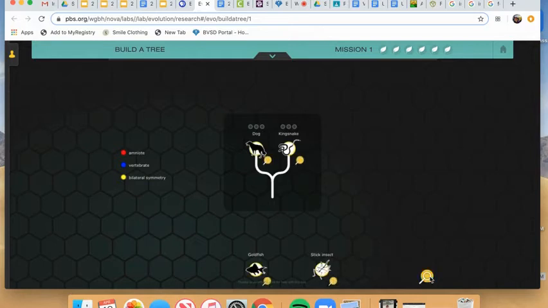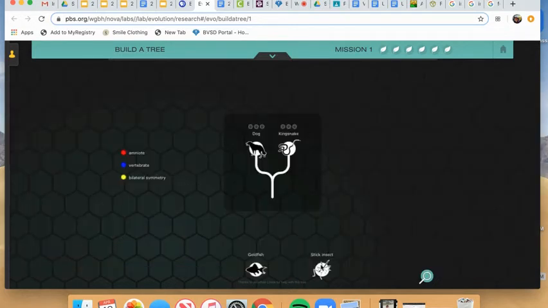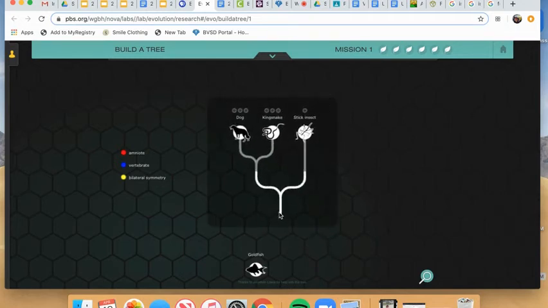And if we remember, if I click on the stick insect, the only thing it had similar to all the other organisms was that it displays bilateral symmetry. So I'm going to put the stick insect out on its own. So you'll notice it has a branch that connects it to the other 2, the dog and the king snake, which means it is similar. However, it's not as similar as these 2, so that's why we put it on its own branch.